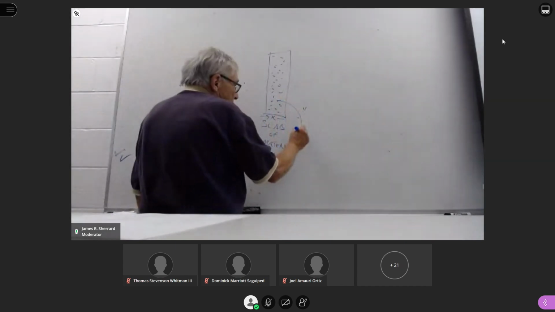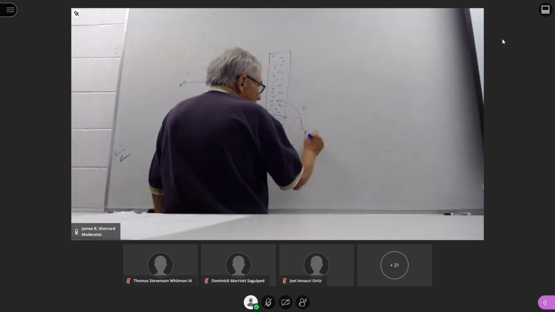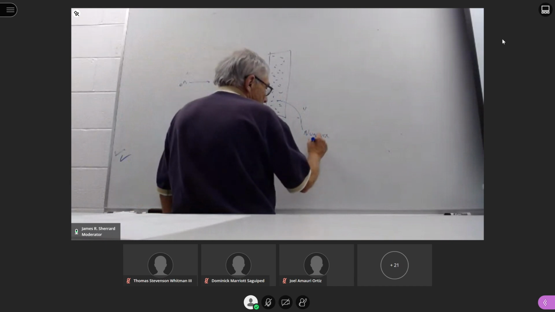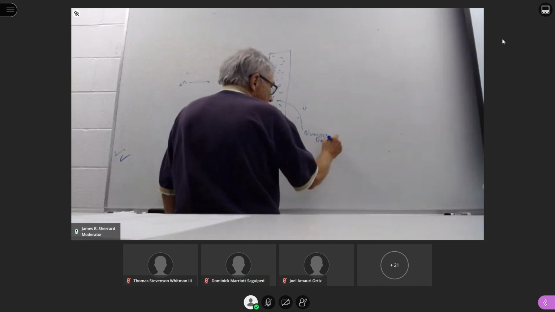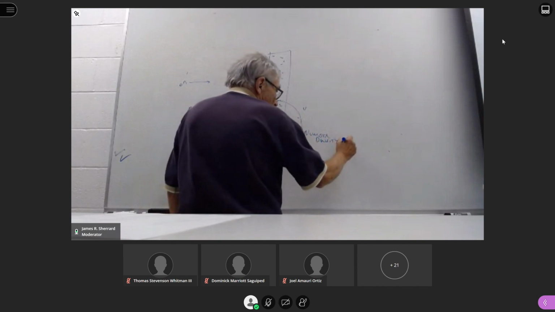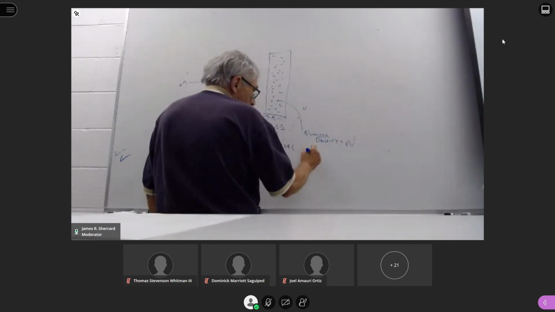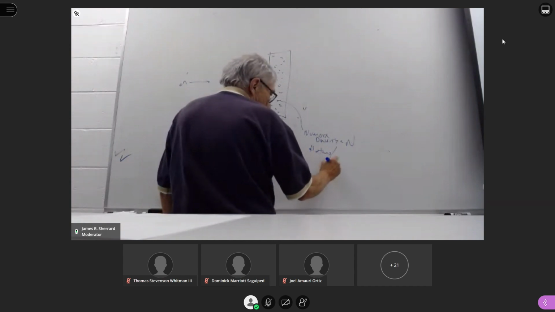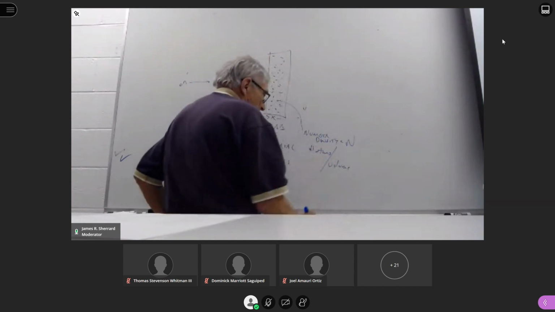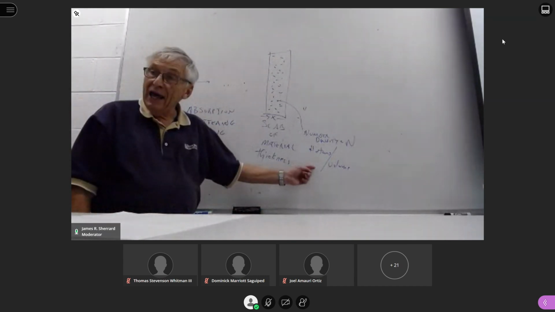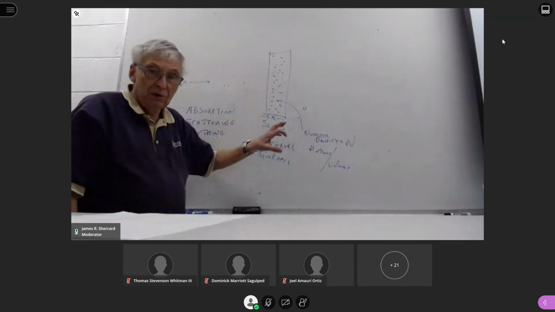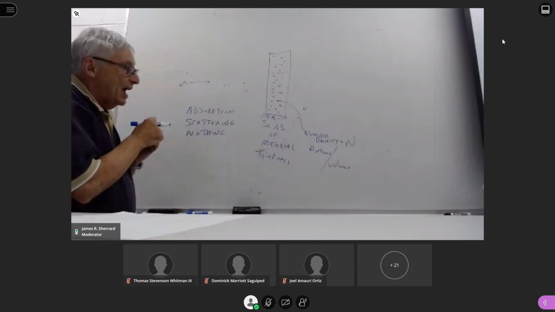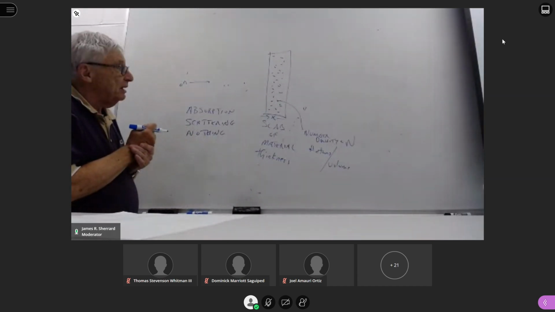If we look at the number density, which is N, the number of atoms per volume of material, obviously the more atoms you have in this material, the more likelihood you have of something happening.